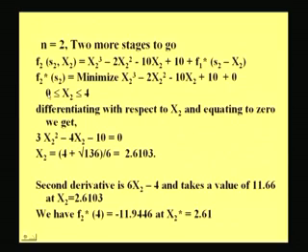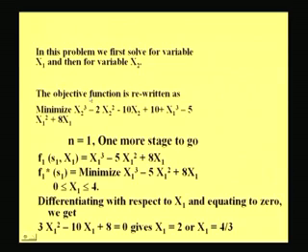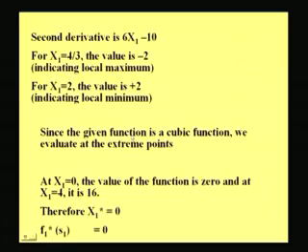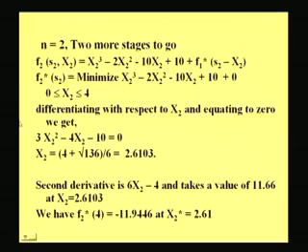Now, in the range 0 less than or equal to x2 less than or equal to 4. The 4 comes from the inequality here. 4 is the amount of resource available at the beginning. So, S2 takes value equal to 4. So, x2 is between 0 and 4.